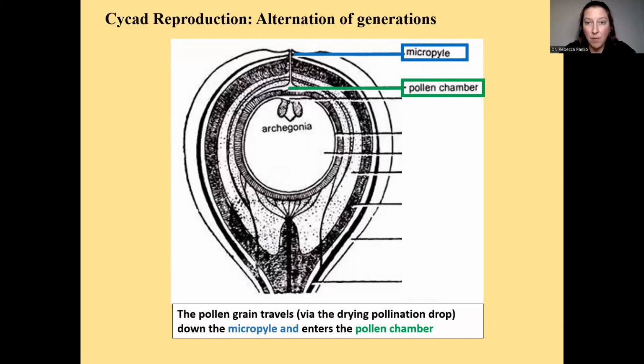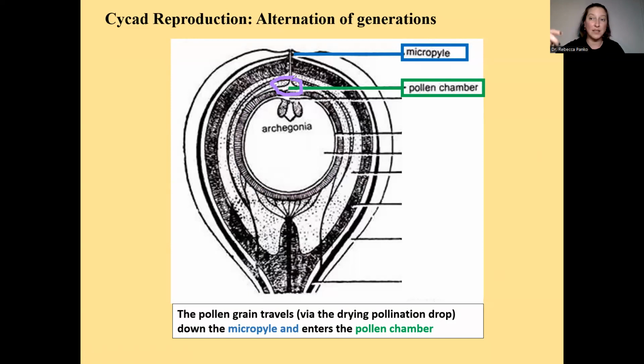The first place that the pollen will enter the ovule is called the pollen chamber, aptly named. Notice the pollen chamber is not yet, let's use purple, not yet inside of the wall of the Microsporangium. So here's the Microsporangium in purple, or the nucellus. Notice the pollen chamber is still outside of that.